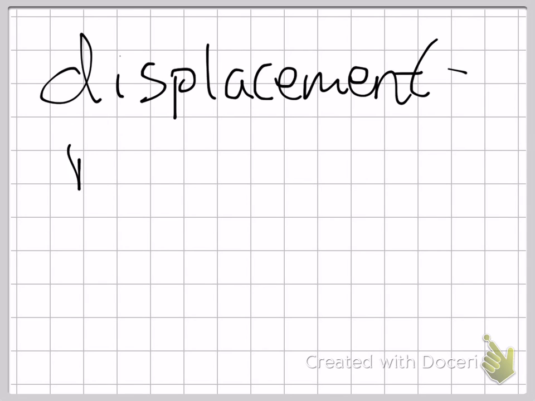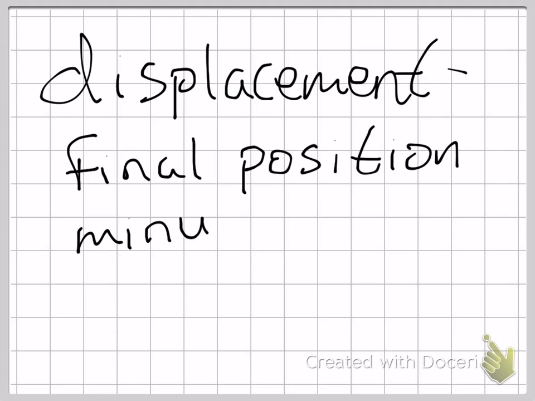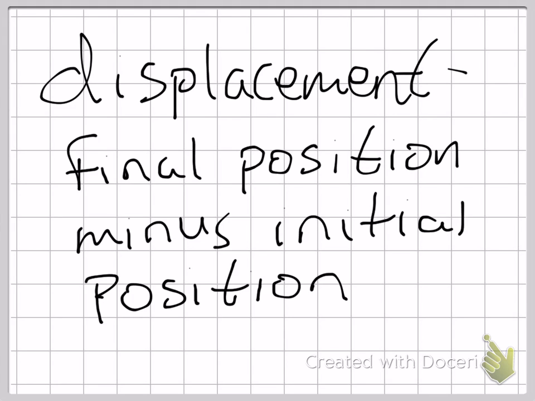Okay, displacement is often confused with position, but it relates to positions, specifically your final position and your initial position. Let's look at our number line again. If each tick mark is 1 meter, and 0 meters is exactly right here, then our final position minus our initial position gives us our displacement.